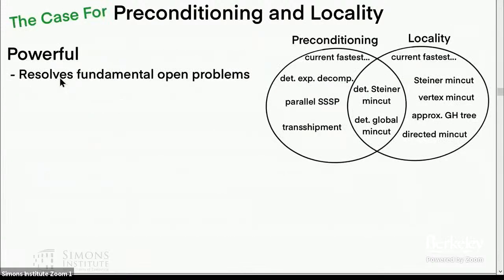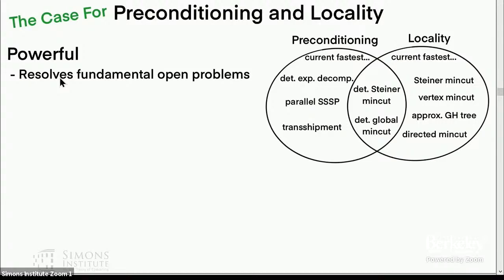For the remainder of this talk, I want to make a case for these two techniques. In other words, why these techniques are cool and why we should care about them. For one, I claim that these techniques are powerful. They have made progress on these classic graph cut and distance problems.